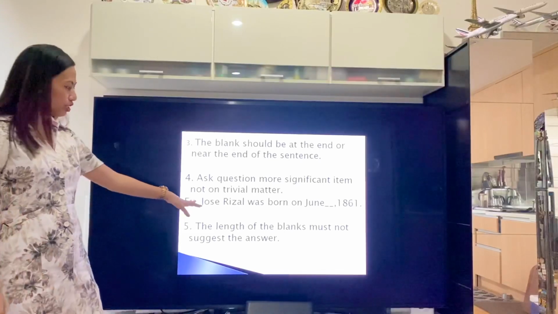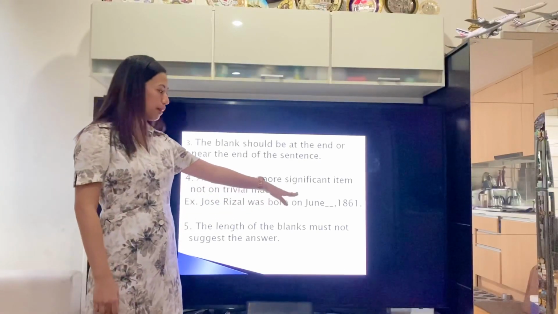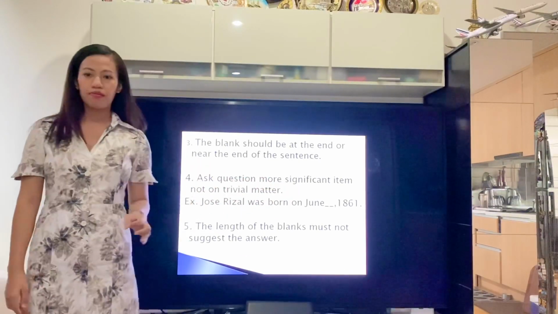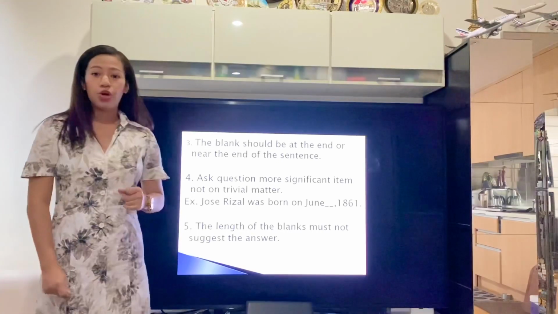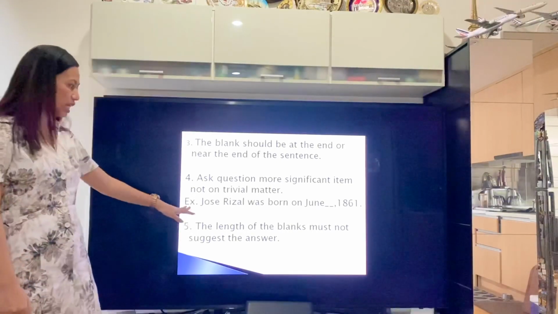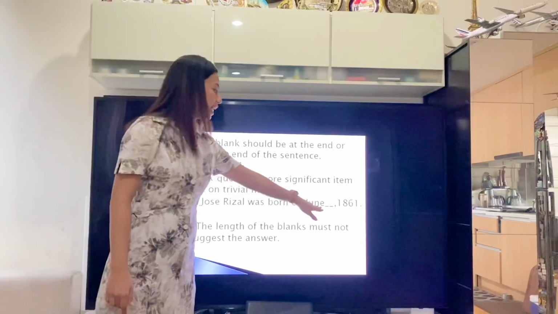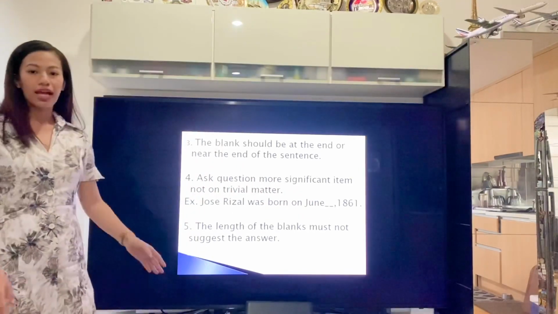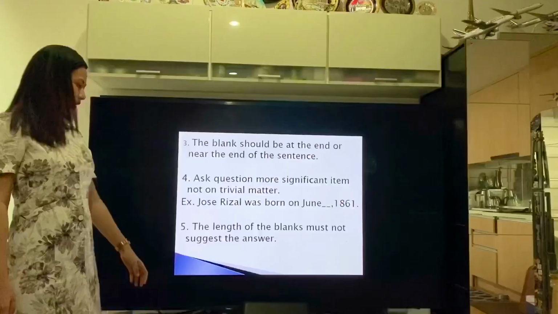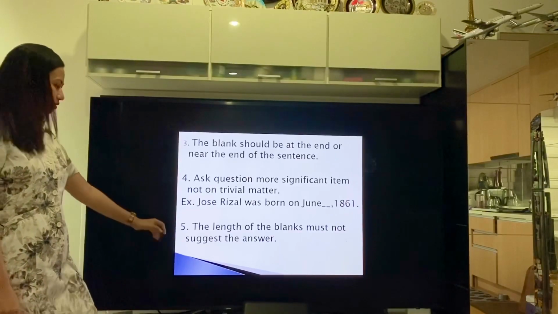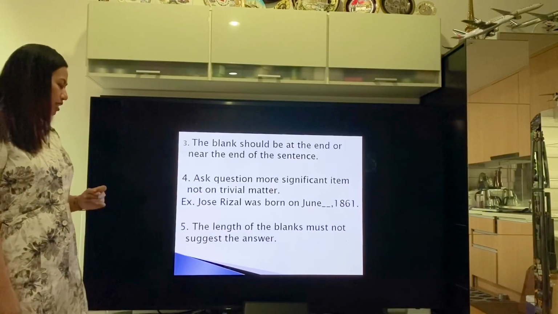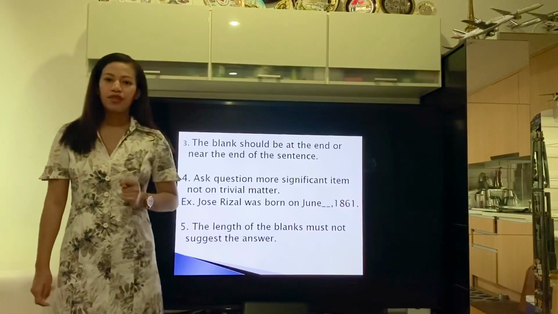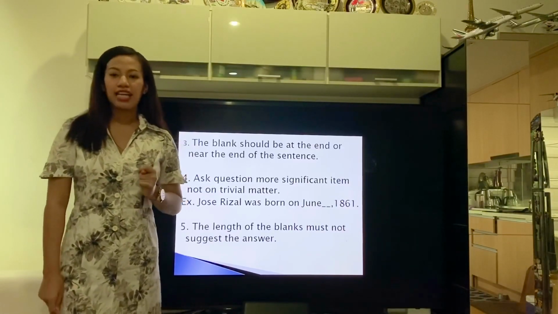For example, Jose Rizal was born on June blank, 1861. So, we can ask yung buong birthday ni Jose Rizal, hindi yung date lang talaga. So, we need to make a question na significant. Next, number 5, the length of the blanks must not suggest the answer. So, this is about sa blank sa question.